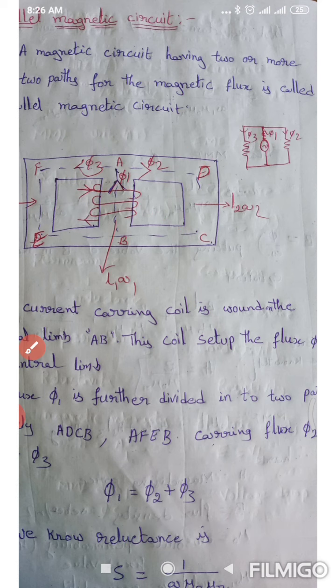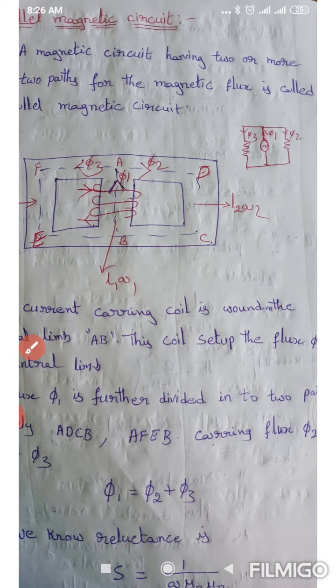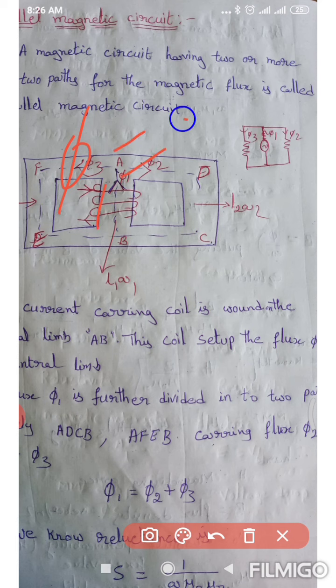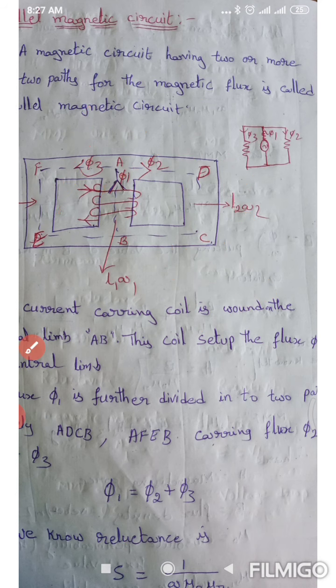What we have to observe in a parallel magnetic circuit is, here I1 is equal to I2 plus I3. Similarly, in the magnetic circuit, phi 1 is equal to phi 2 plus phi 3.